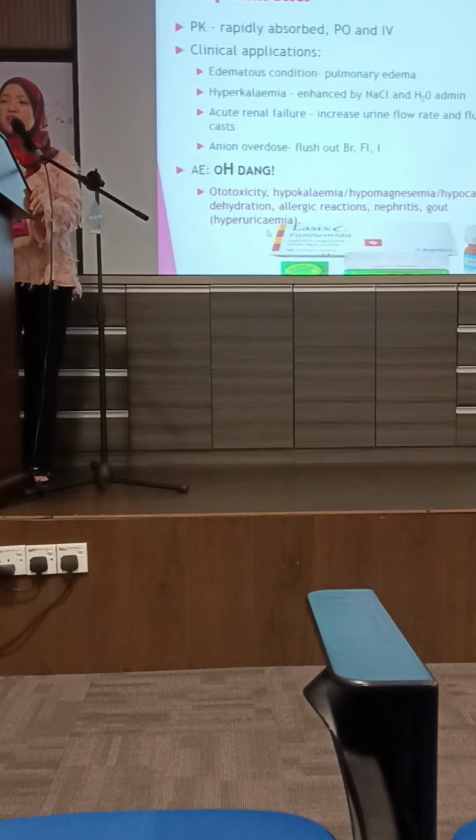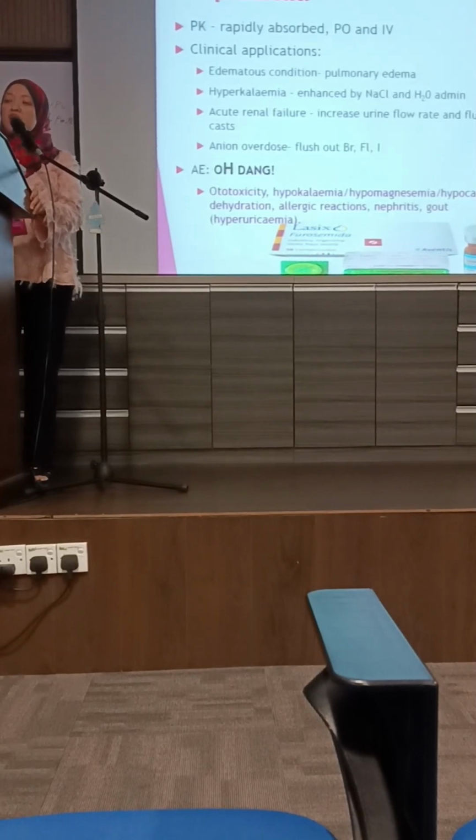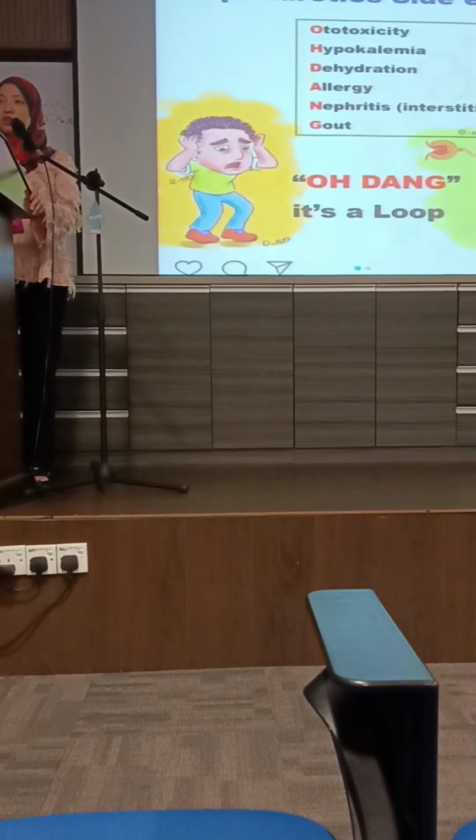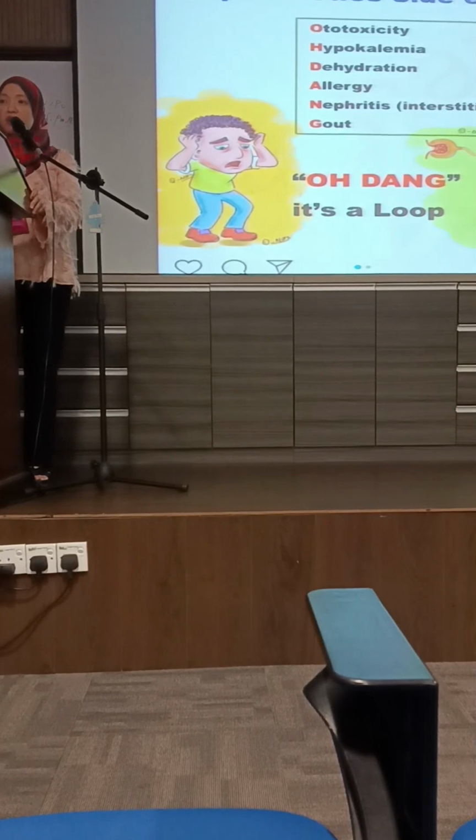Okay, and then D for dehydration, A for allergic reaction, N for nephritis, and lastly G for gout. It can stimulate production of uric acid, causing hyperuricemia. So you have to be very careful in prescribing loop diuretics to patients with gout. So remember loop diuretic adverse effects are easy to remember.